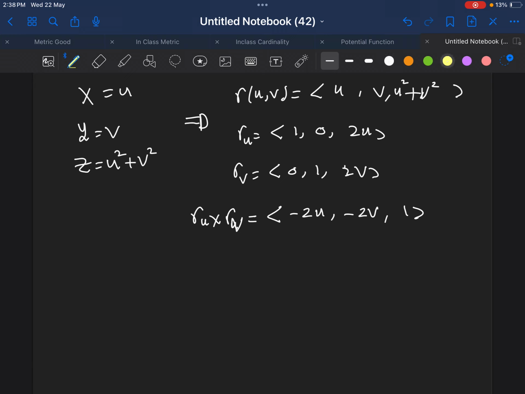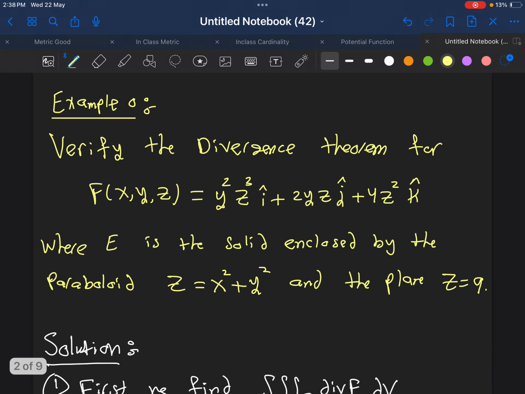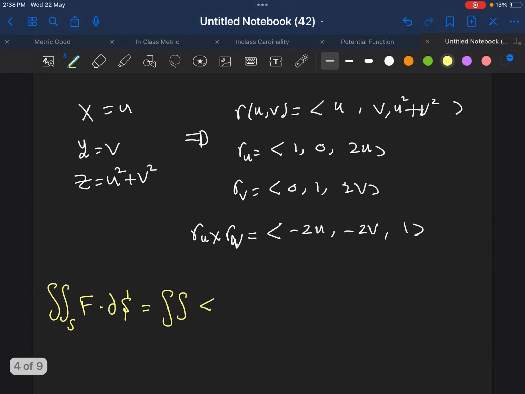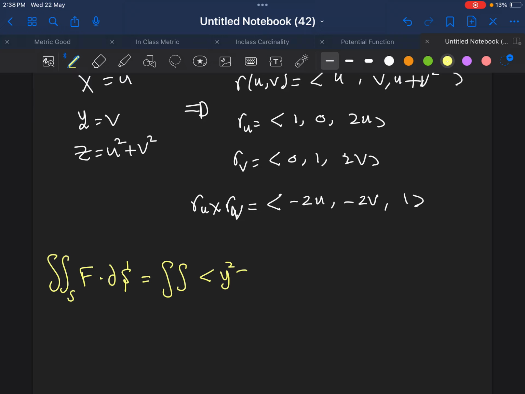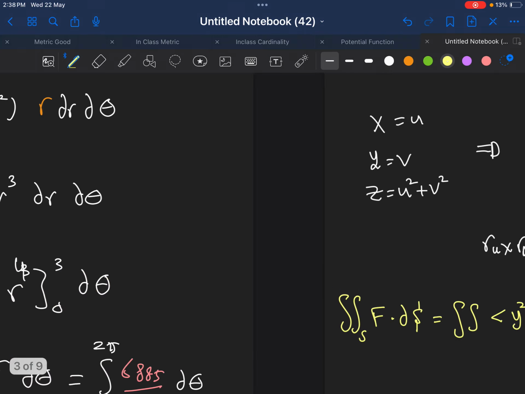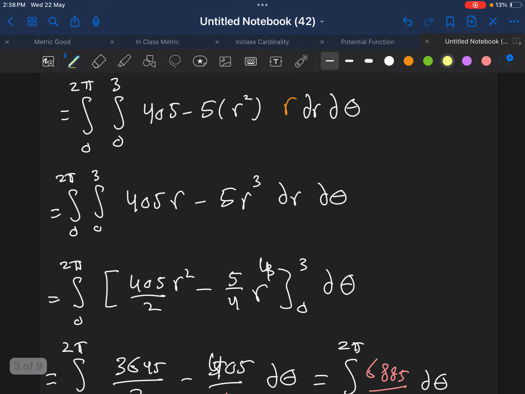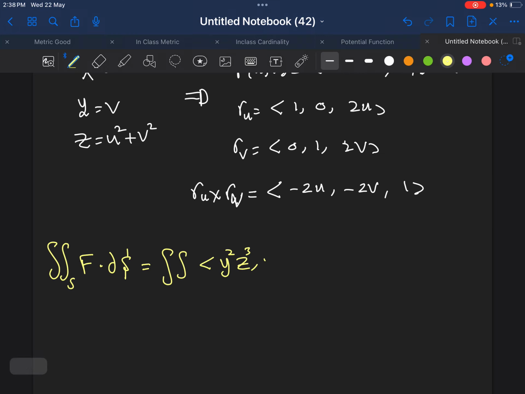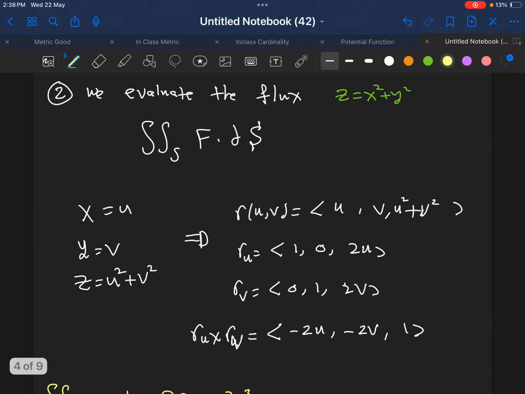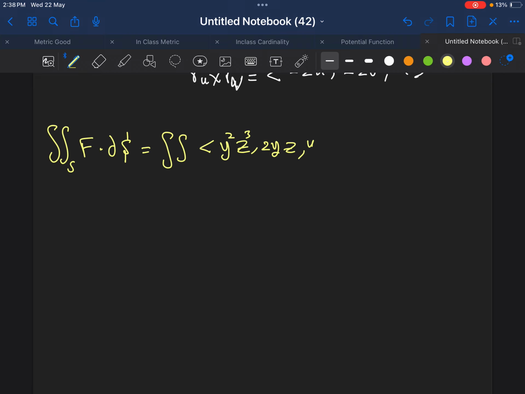So in order to find the flux, the integral of F dot dS, we write the vector field that we have in the question, which is (y squared z cubed, 2yz, 4z squared).